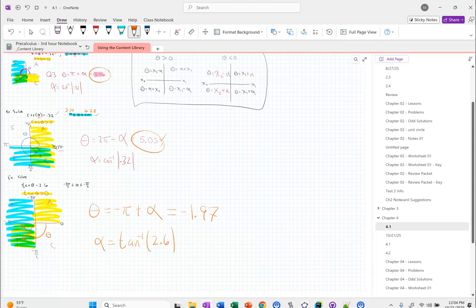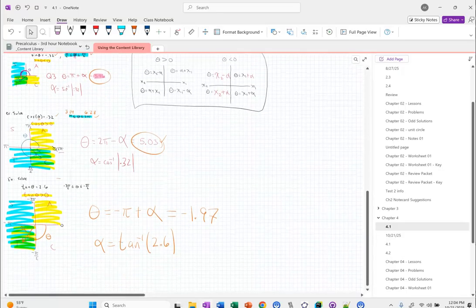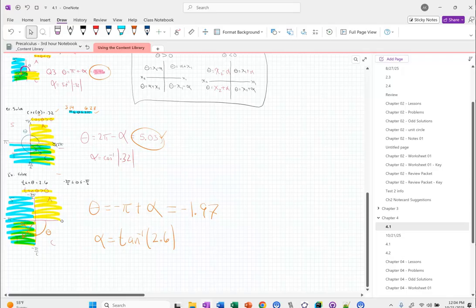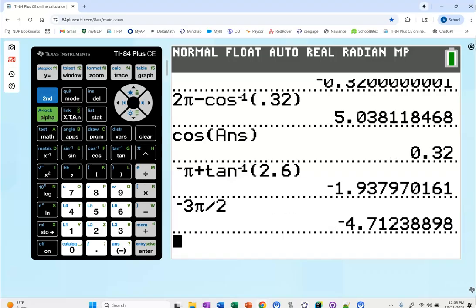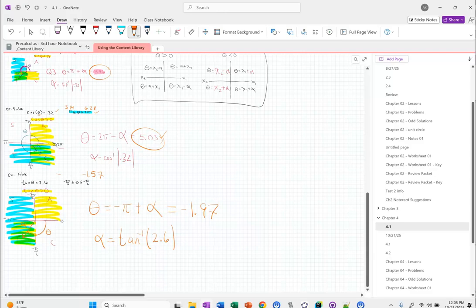It's okay. So I do my check. This is negative 1.57. And the other one is negative 4.7. So that works, right?